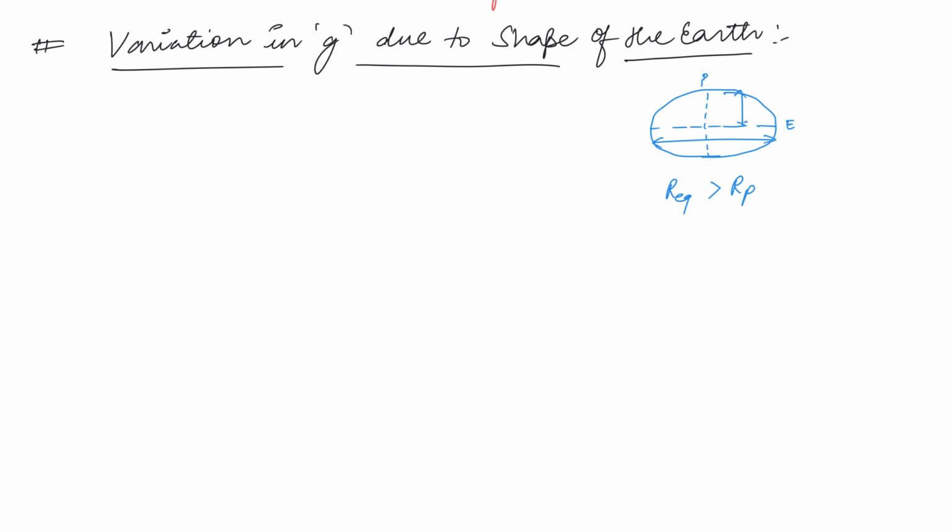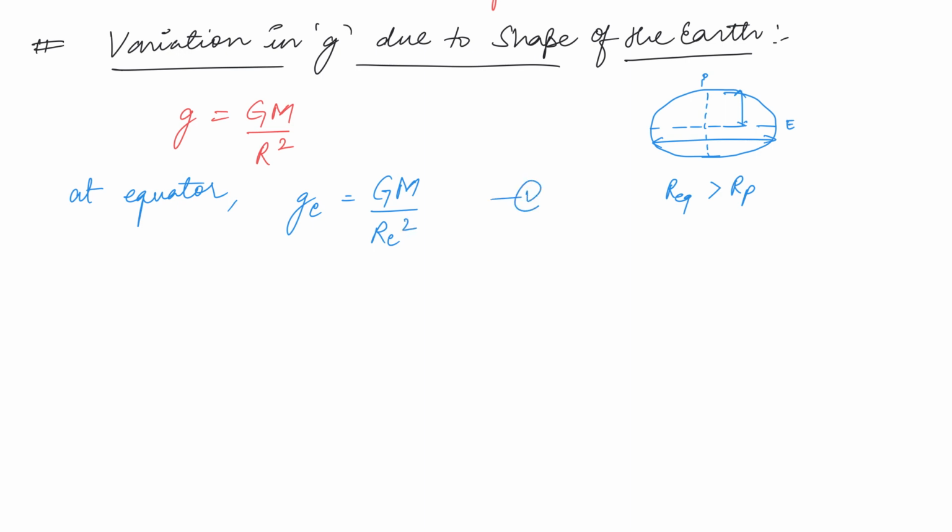From the relation between small g and capital G, we know that small g is equal to GM by r square. Now if we write this equation at the equator, we get g_E equals capital GM upon R_E square. Let's give this equation 1.